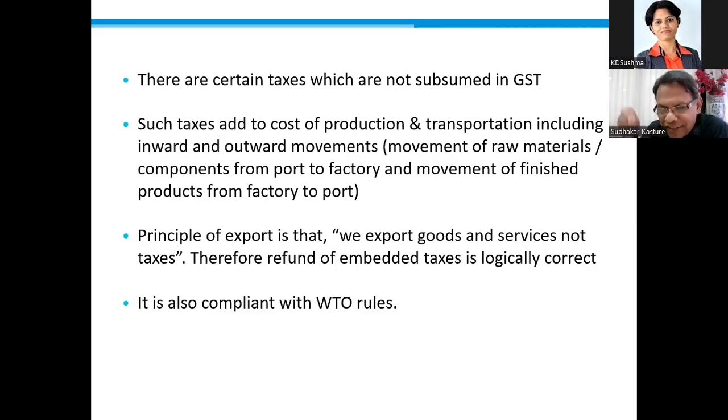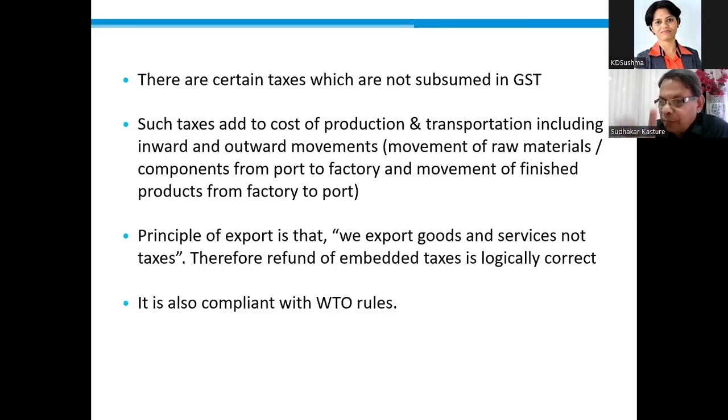If I put kerosene, milk, and groundnut oil in the same can, I can guarantee you none of the product can be used. So if you are exporting chemicals and importing chemicals, your transportation cost is high. These costs have to be taken into account, because if these embedded taxes are added to the cost of production, my product will become costlier. My importer will not buy that product from me. So these taxes have to be refunded.